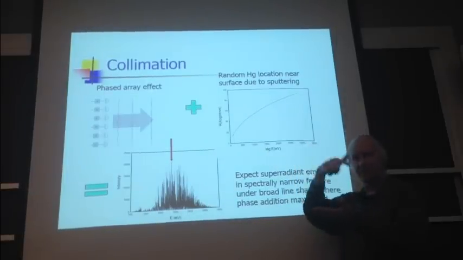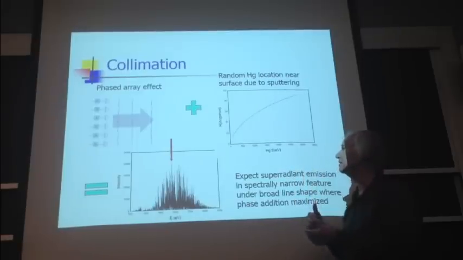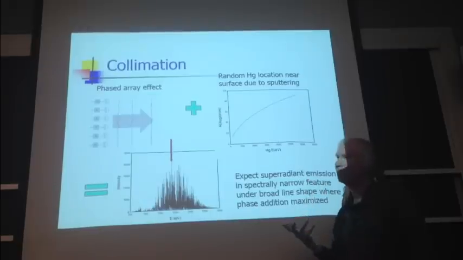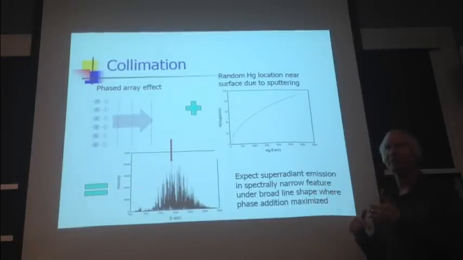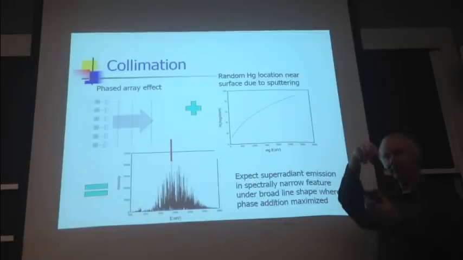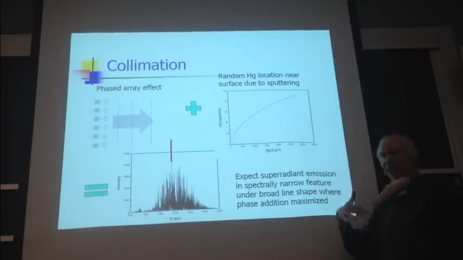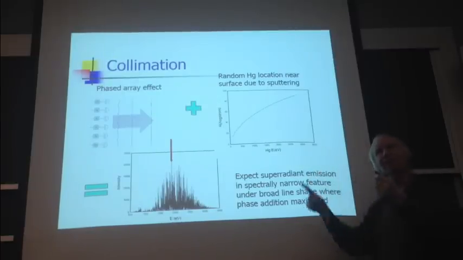So you've got a little bit of mercury going into the surface. Turns out, if you say that it goes in and we're able to substitute for the host, then you say, I have a random distribution of mercury atoms. Now, if they're all in phase, and I've got a broad line shape, what energy is it going to come out in?